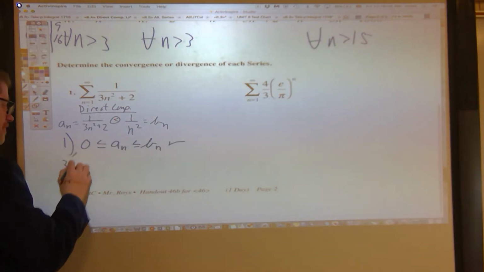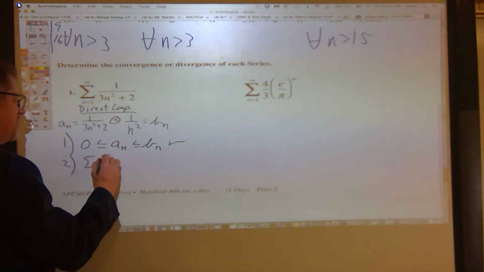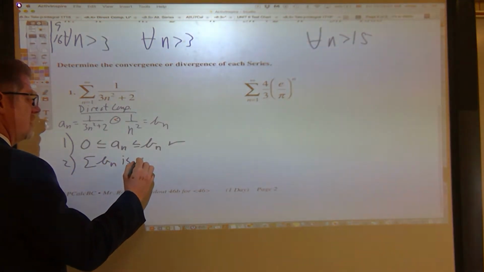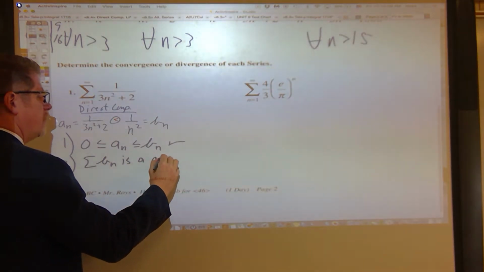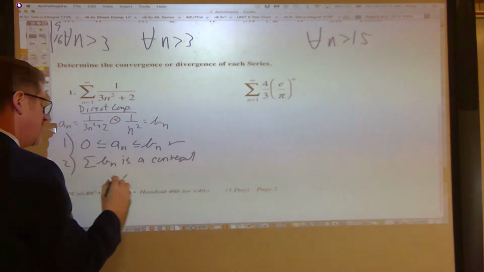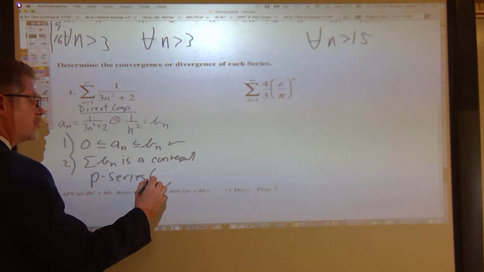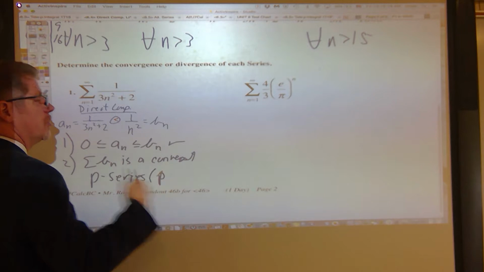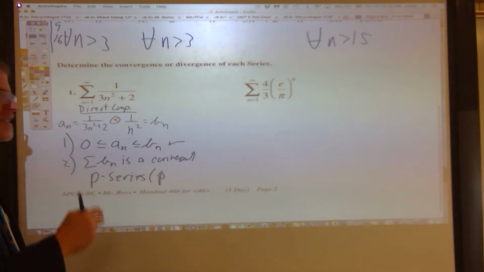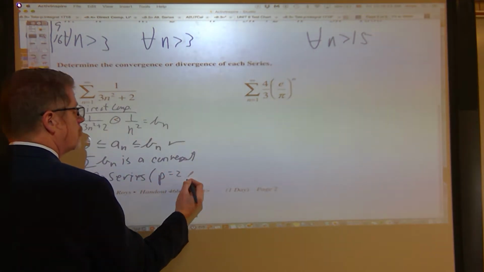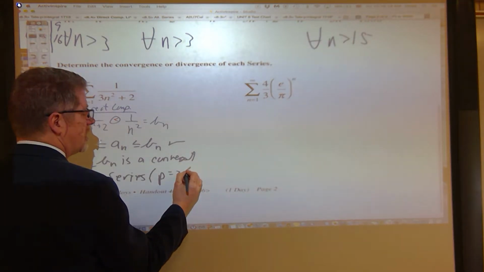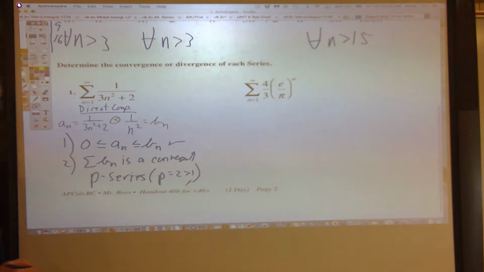Step 2. Series b sub n is a convergent p-series. Give a parenthetical justification of that. Nothing more. You don't have to run a whole p-series test. It's like a test within a test. Just say p equals 2, which is in the greater than 1 category.